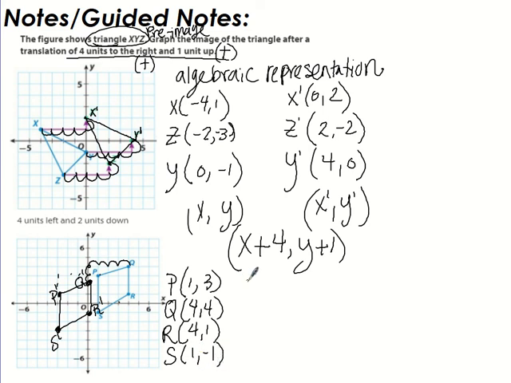So then we're going to see what happened to P prime, Q prime, R prime, S prime, so that we can write this algebraic expression. So P prime is now at -3, 1. Q prime is at 0, 2. R prime is now at 0, -1. And S prime is at -3, -3, right?